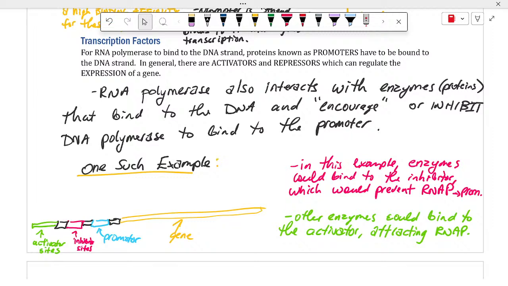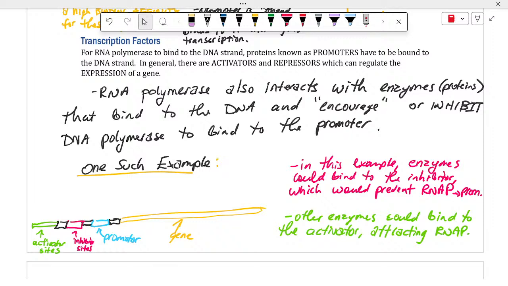So you can design an enzyme, or the cell has evolved enzymes that will bind out in front and stop RNA polymerase from binding there. So if there's a gene that the cell doesn't need to use right now, you could have an enzyme that locks on here, and then it will block RNA polymerase from binding to the promoter. And if RNA polymerase can't bind to the promoter, then transcription can't happen.